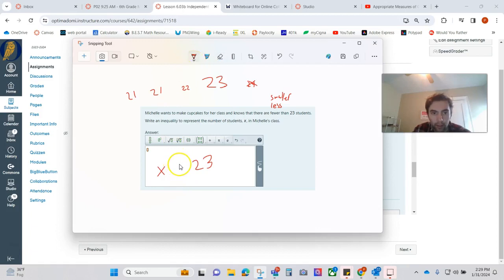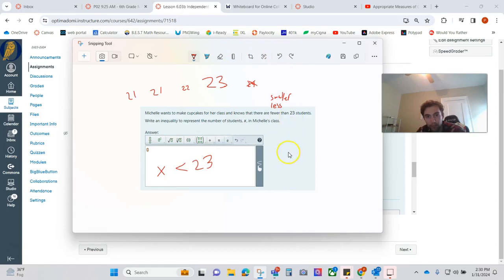Okay, so I think the alligator mouth is going to be eating the 23, since 23 is the biggest number. Okay, but now we have to see, do we put the or equal to bar underneath?